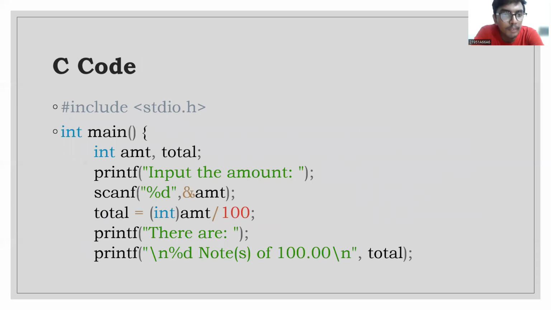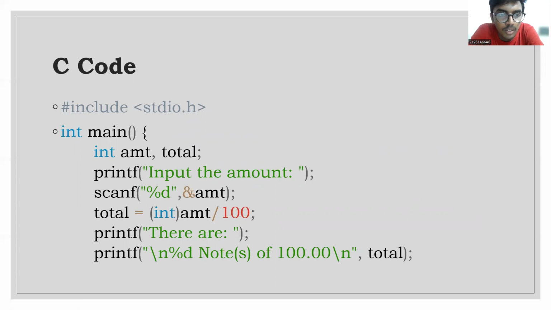C code. First we use #include <stdio.h> and we use int main and int amt, total. Printf means it prints. Scanf means it takes the input. We use printf to print and scanf to scan or take the variables.